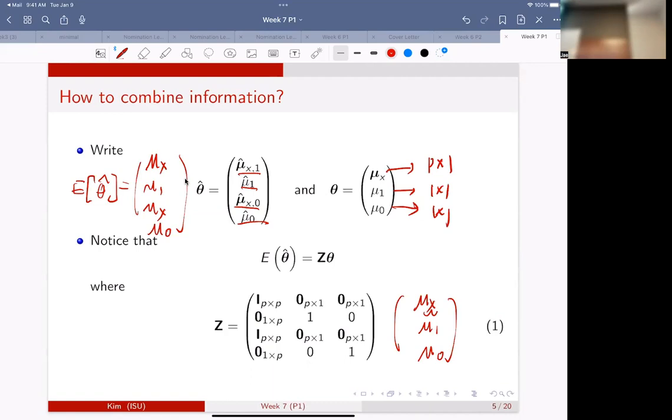So it matches, right? And then this guy times this guy is mu x. Second row, this guy times this is mu 1, 0.